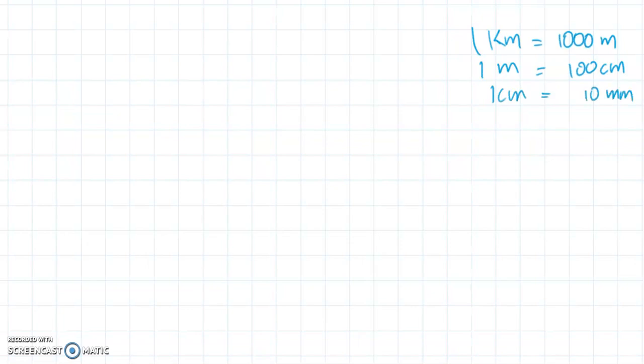Okay, we'll look at a few examples of conversion of area units. As we remember that, let's write these conversions first. So we know that 1 kilometer is equal to 1,000 meters. 1 meter is equal to 100 centimeters. 1 centimeter equals 10 millimeters.